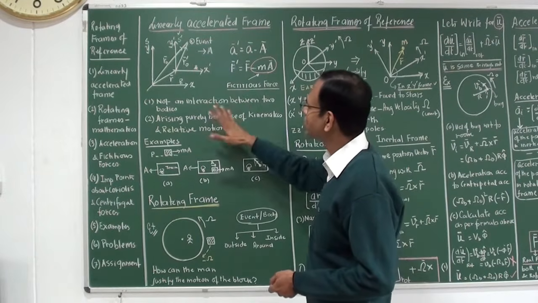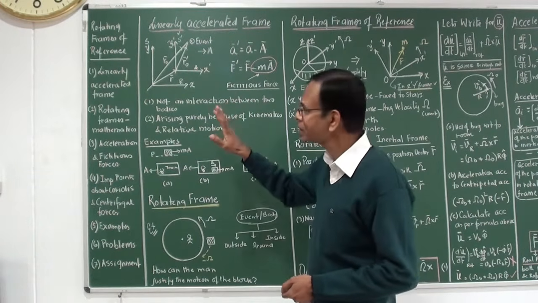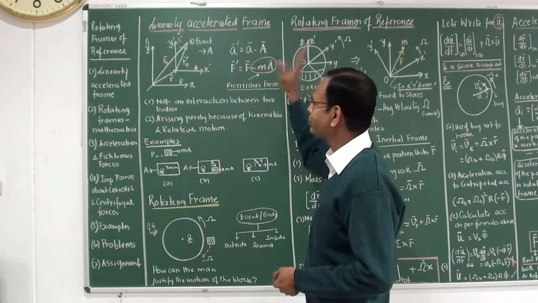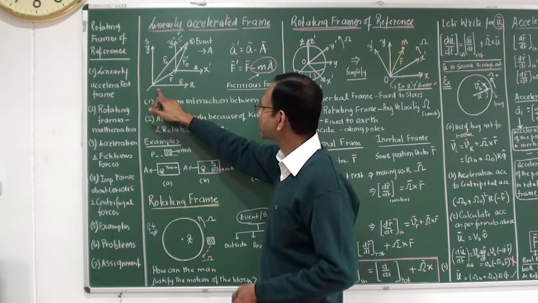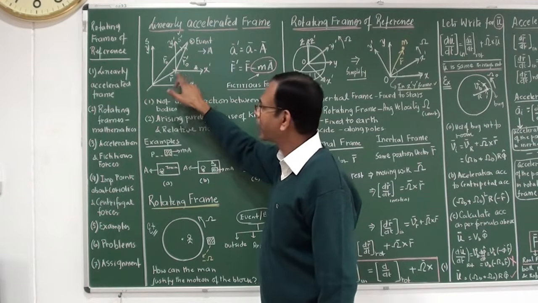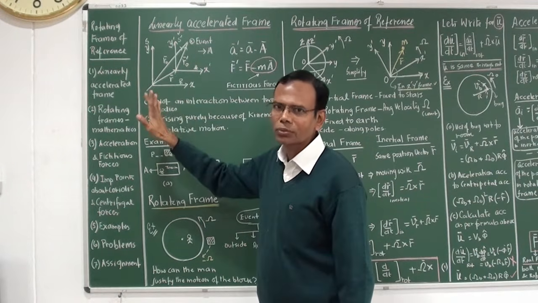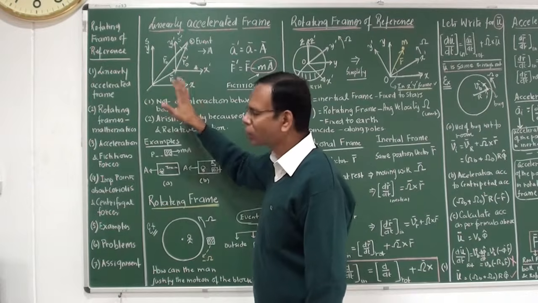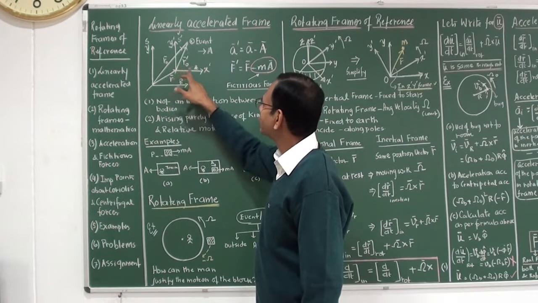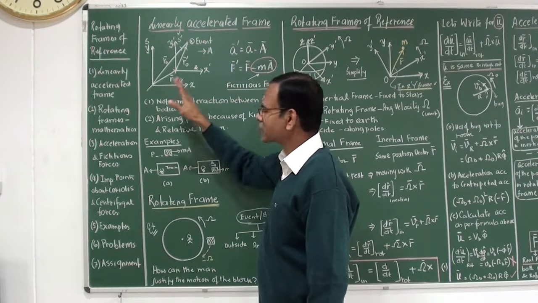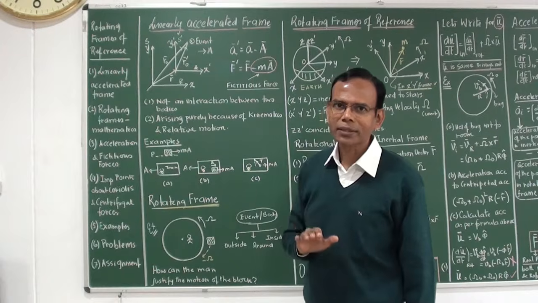Now quickly revise what we have done in our last class, the linearly accelerated frame. Here, as you see, there are two frames, S and S prime. S frame is fixed to the earth, which we consider as the inertial frame. And the frame S prime, that is x prime, y prime, is moving with respect to x with a constant acceleration a.